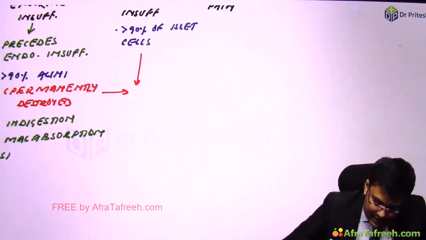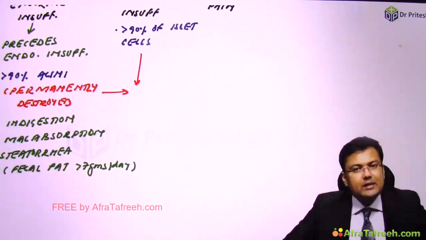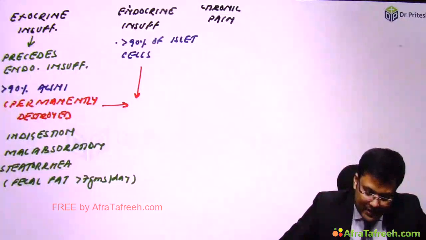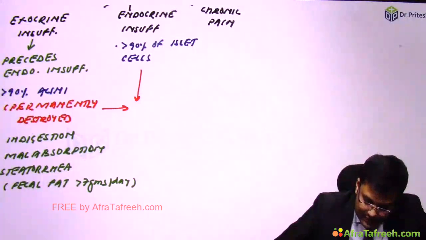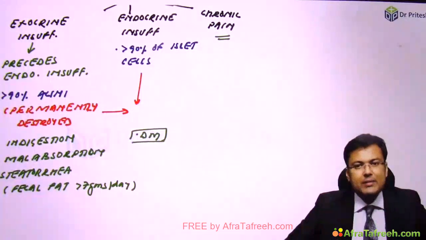So there is steatorrhea, meaning the fecal fat is more than 7 grams per day. This is exocrine insufficiency. What happens in endocrine insufficiency? Patient is having diabetes mellitus, and obviously patients are having chronic pain.